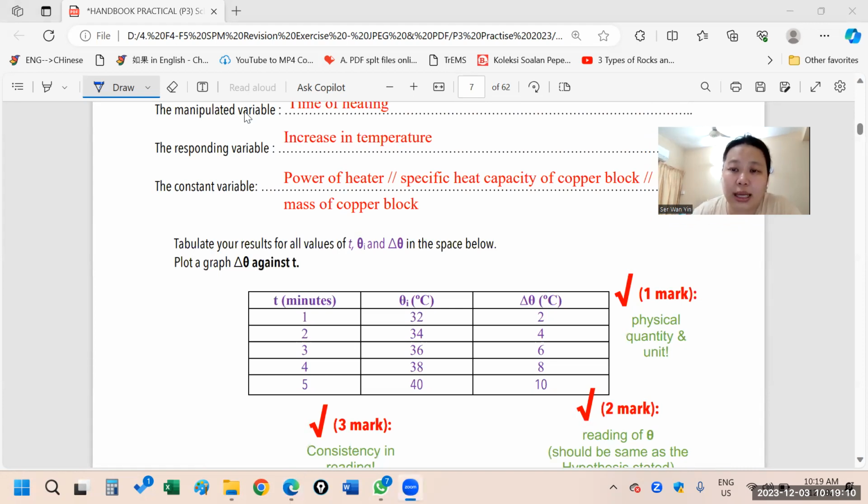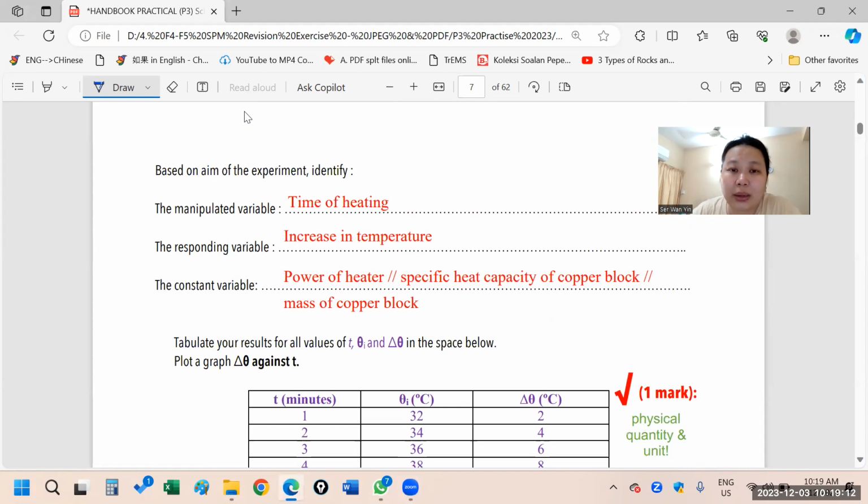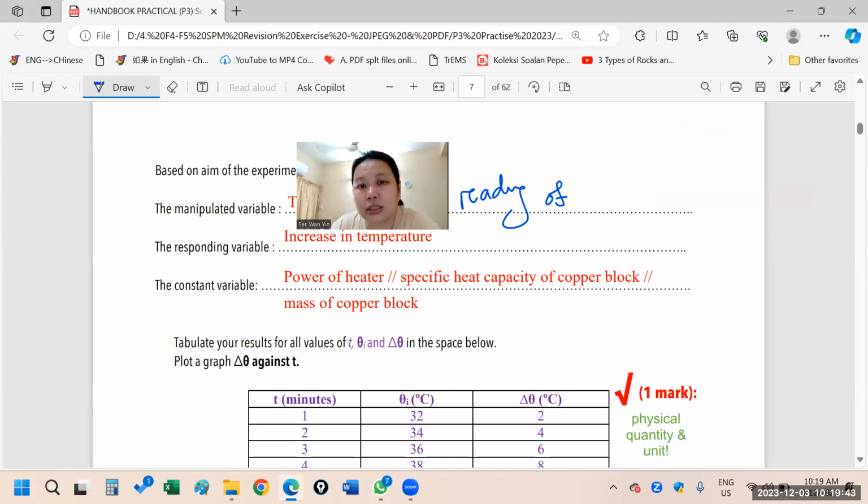Now before I proceed to the setup, I want to ask: for example this, can I say the reading of the thermometer?